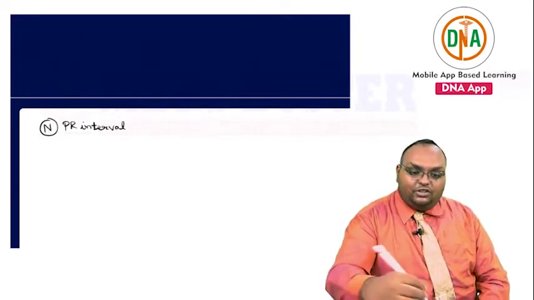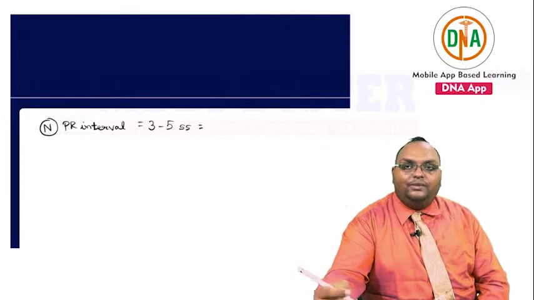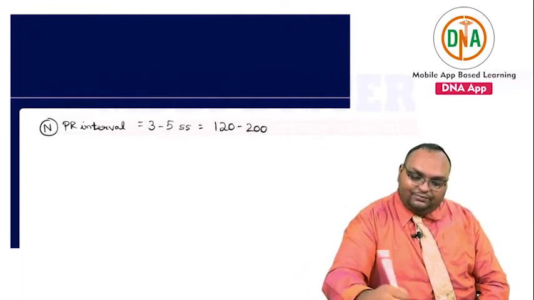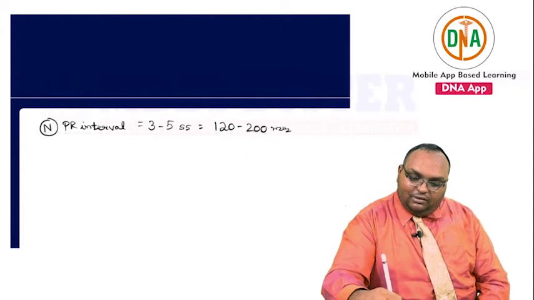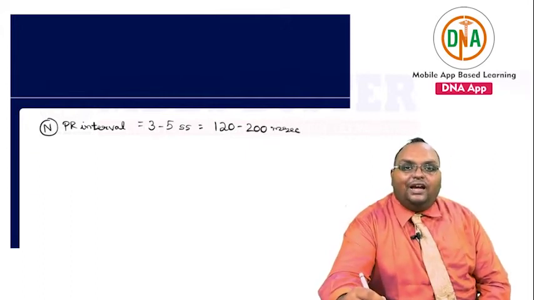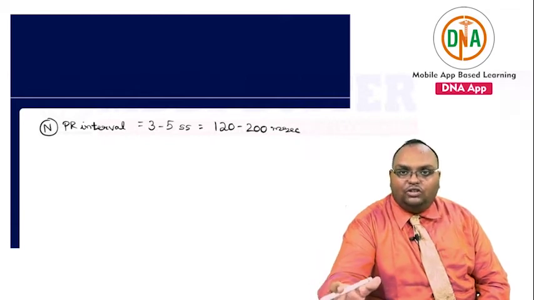So the normal PR interval is 3 to 5 small squares, and if you multiply it by 40 milliseconds, it comes out to 120 to 200 milliseconds. Now, when we talk about heart blocks, we are basically referring to the PR interval getting prolonged. How it gets prolonged depends on the particular type of block we are talking about.